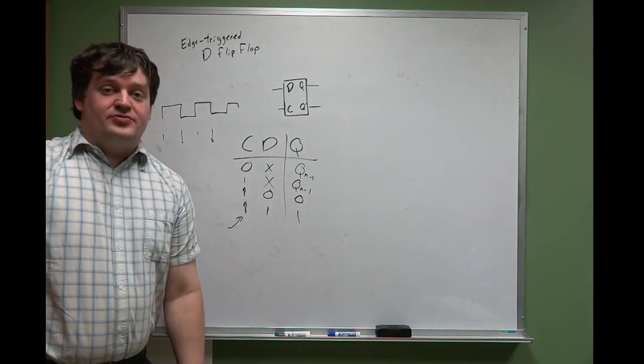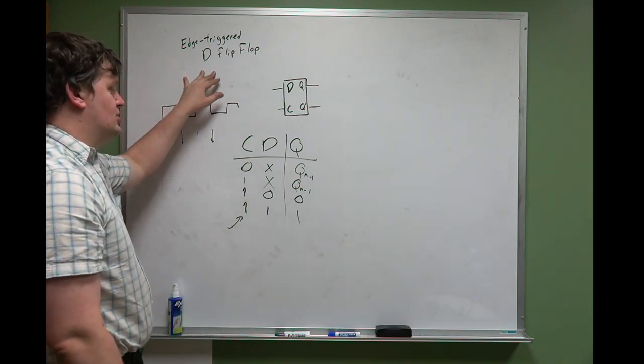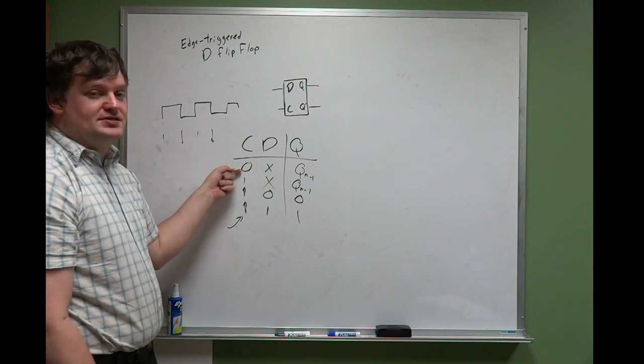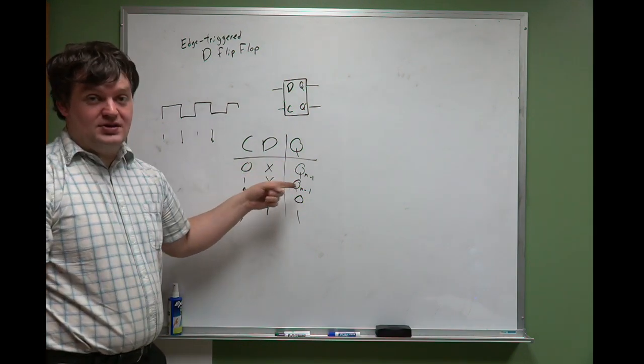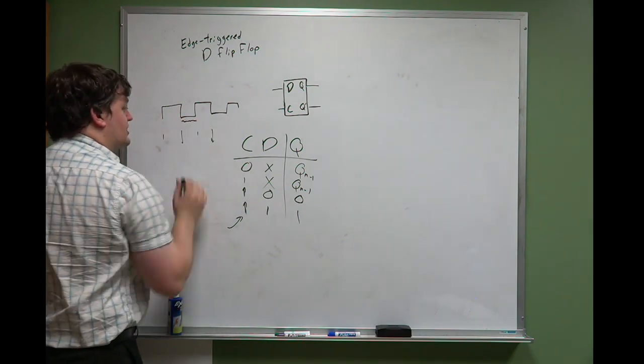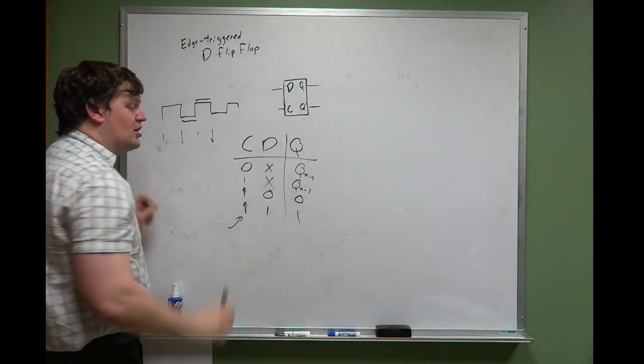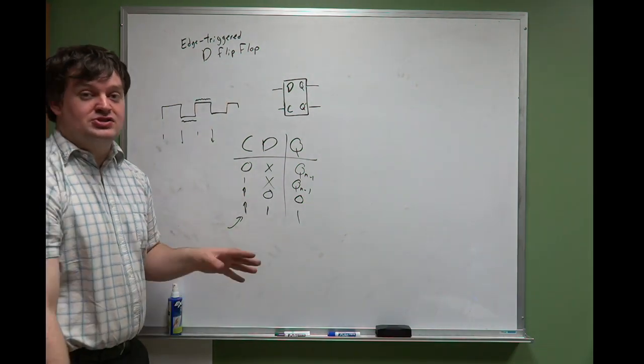Okay, let me start over from the beginning. So this is an edge triggered D flip flop. The idea here is if the clock is off, nothing happens. If the clock is on, so if we're riding along in this territory, nothing is happening to the flip-flop. There is no change to the flip-flop.